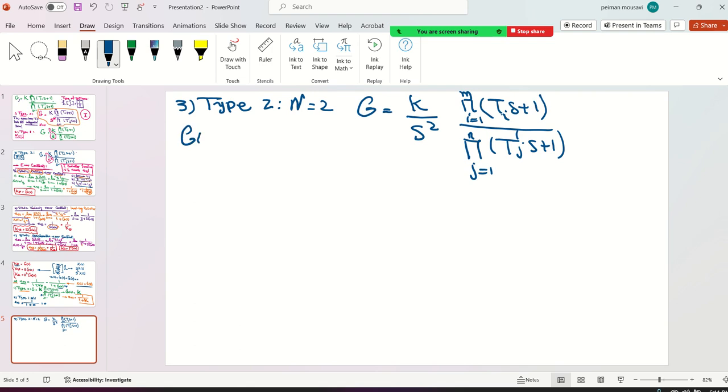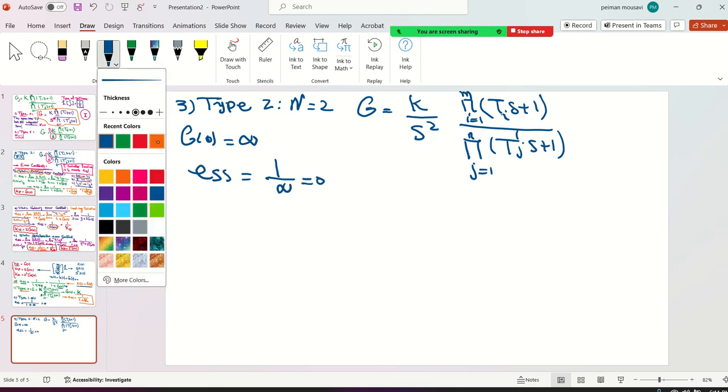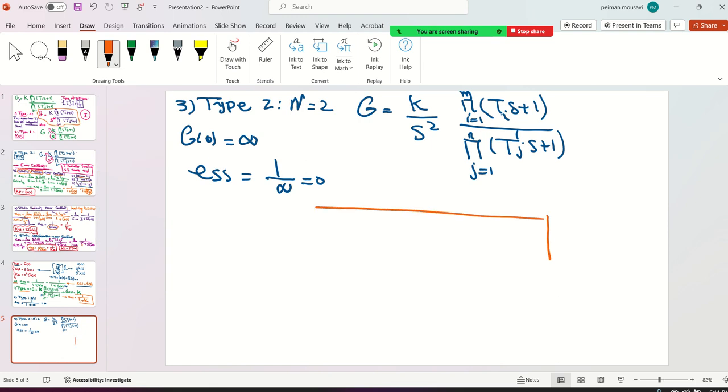Again, your G at 0 is going to be infinity, and the ESS is going to be 1 divided by infinity, 0. So I can now make a simple table here. I'm going to add them later.